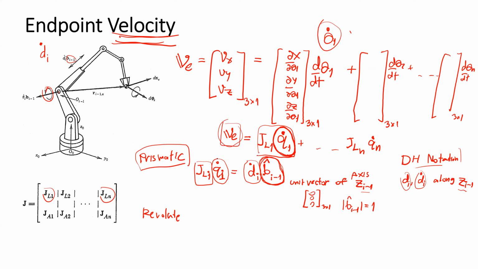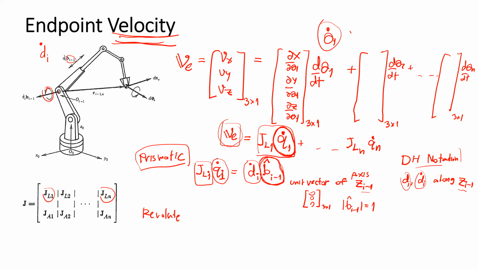Yeah, be careful in this picture. This and this are not equal. For this one, we consider the joint as prismatic.